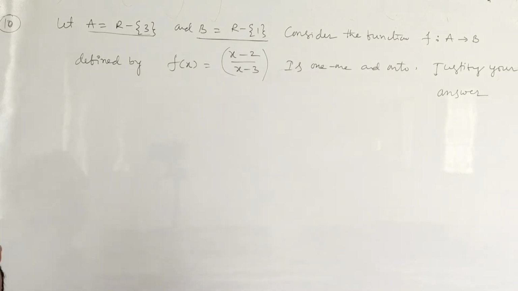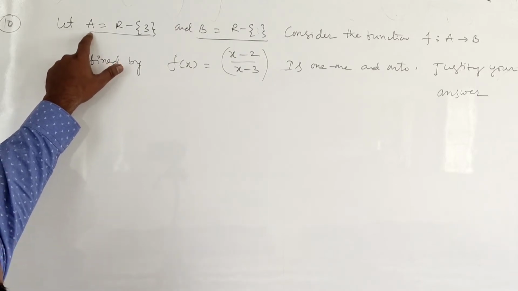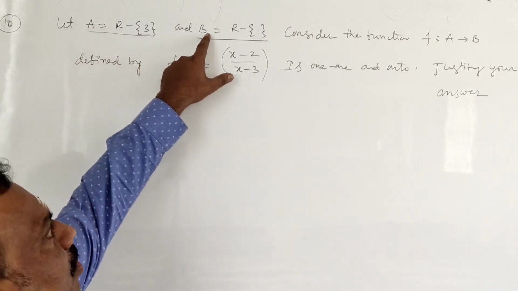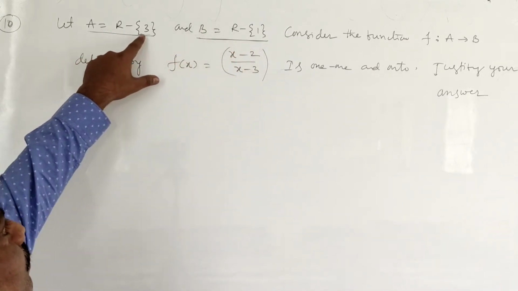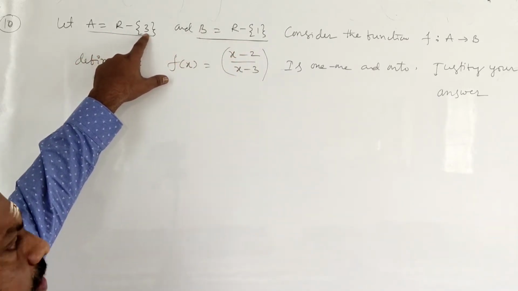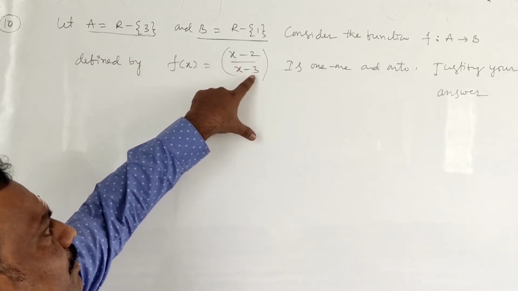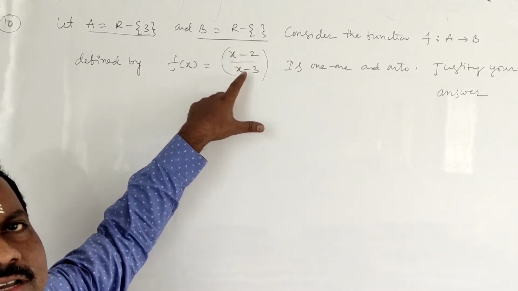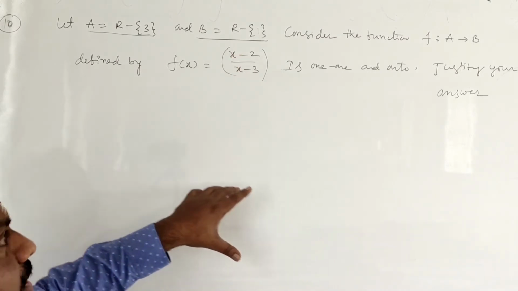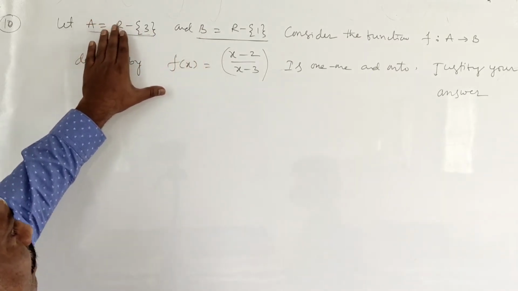See here, input means x value, and output means codomain. If you give input as 3, x place is 3, 3 minus 2 by 3 minus 3, 3 minus 3 is 0, anything by 0 is not defined. That's why this function is defined only for all real numbers except 3.